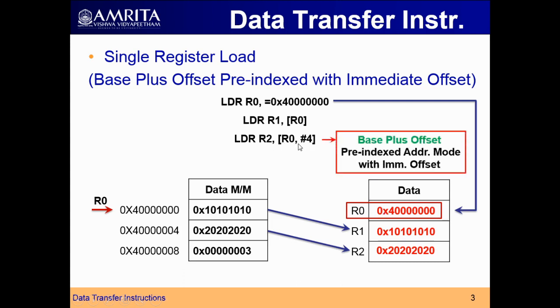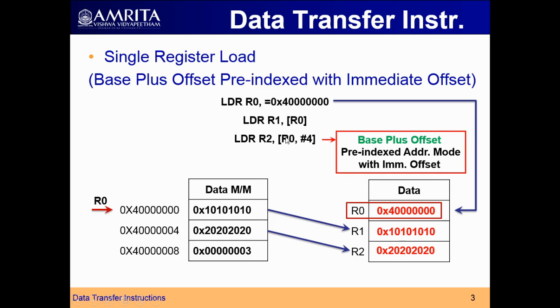So this instruction comes under base plus offset pre-indexed addressing mode with immediate offset. Why is it known as base plus offset addressing mode? Because you are having a base address stored in R0. In addition to that, you are having an offset, that is 4. And what type of offset are you having? It is an immediate offset. That means immediate data. That is why it is known as with immediate offset.